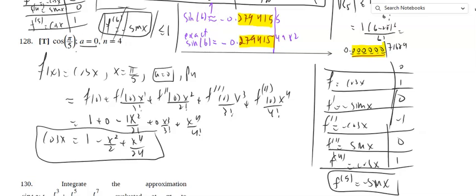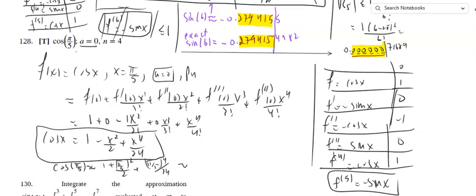Okay, well, how does this work? If I wanted to figure out the exact, this is approximate. Cosine of pi over 5 is going to equal 1 minus pi over 5 squared over 2 plus pi over 5 to the fourth over 24.